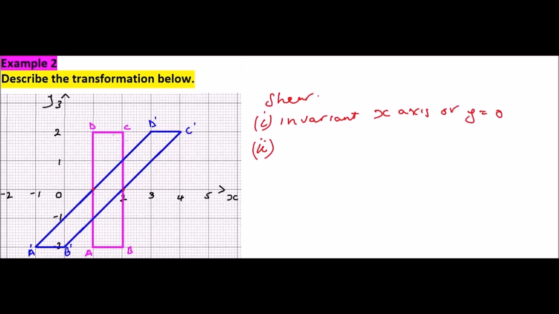We can take either B, C, or D, and I'll take C. C, the point of the object, is at (2, 2). It has been transformed to C prime, which is at (4, 2). So that is how you describe that transformation, which is a shear.